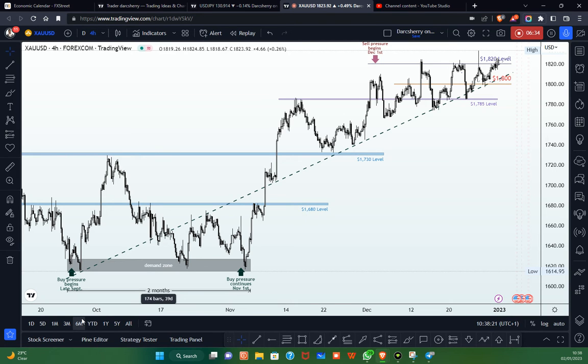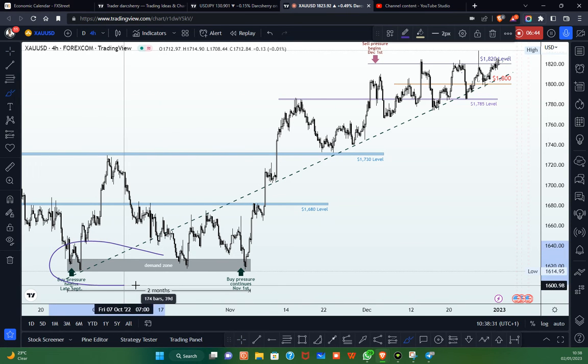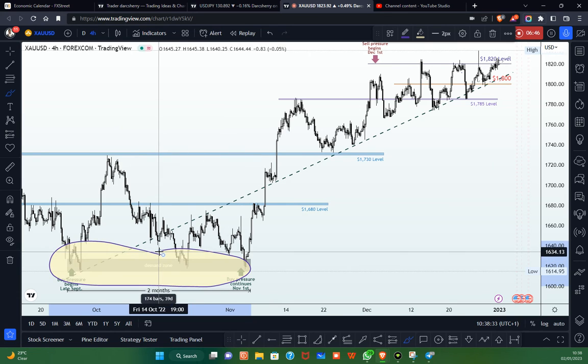And here on the 4 hours time frame, we can see obviously that since the later part of the month of September last year, we saw that bullish momentum begin to accumulate at around the 1,620 level, as I was able to identify this area as a demand zone.